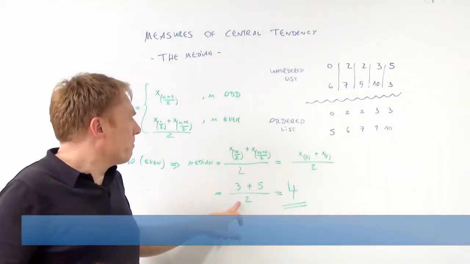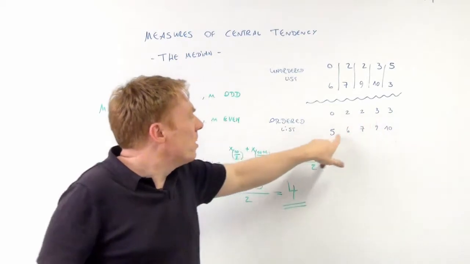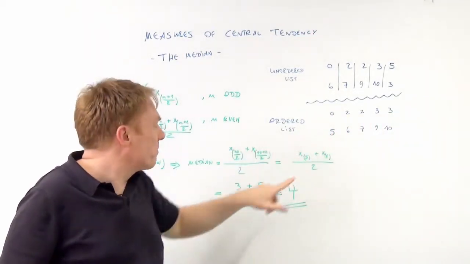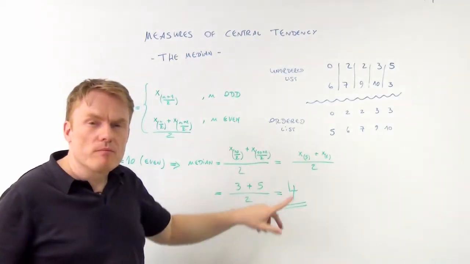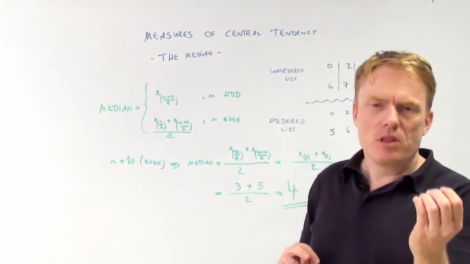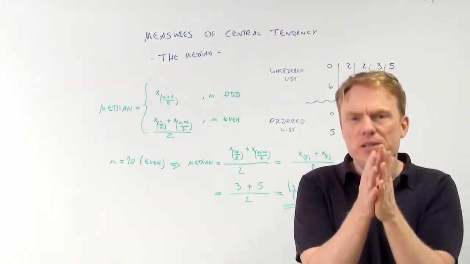Which is all in all, the fifth value of the ordered list is 3, and the sixth value of the ordered list is 5, which means 4. The median is 4. So what is the median? The median is the value in the middle of all values.